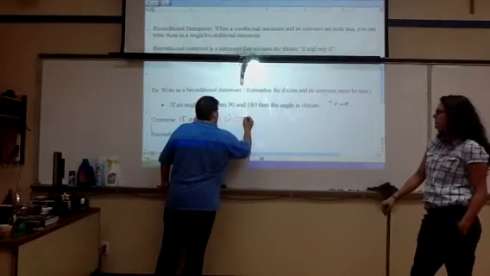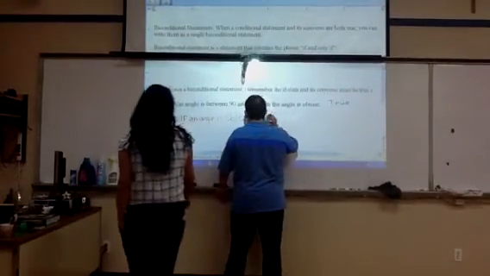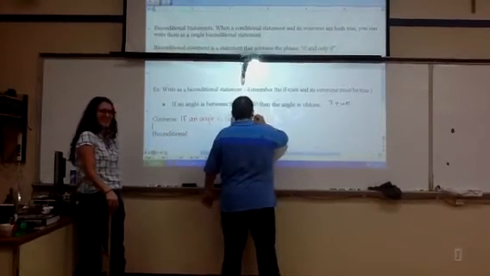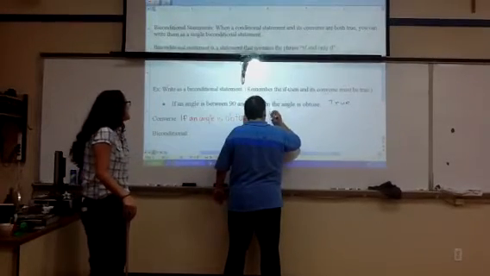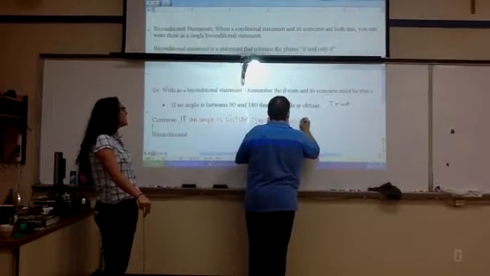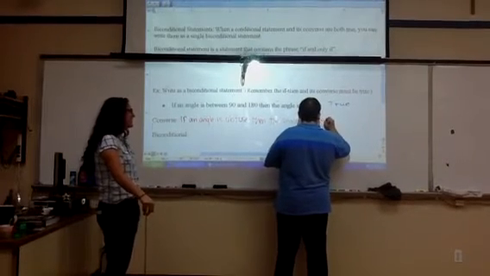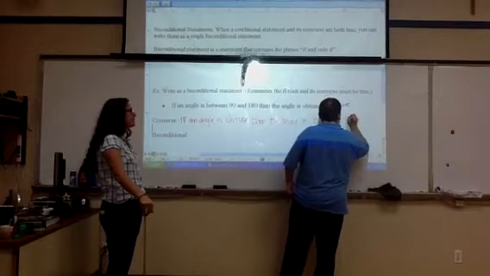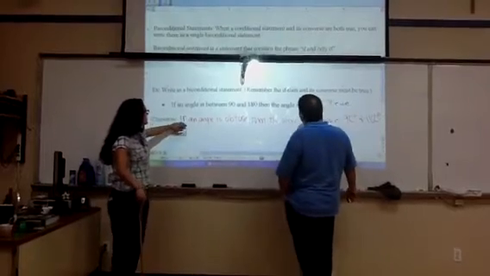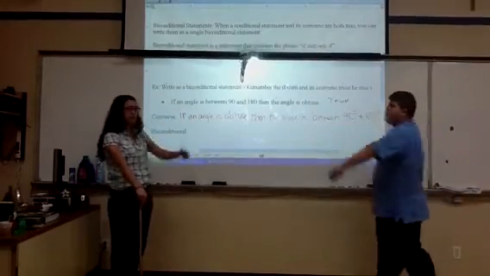So if an angle is obtuse, very good, then the angle is, what? Then the angle is between 90 degrees and 180 degrees. Is that true? If an angle is obtuse, then the angle is between 90 and 180, which is correct. True, right? Based off the definition of obtuse.